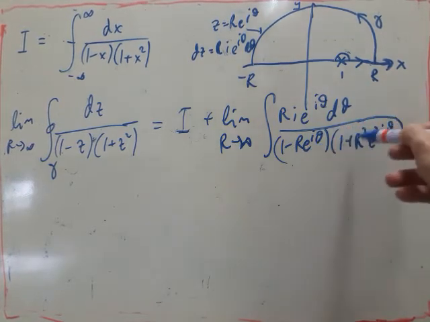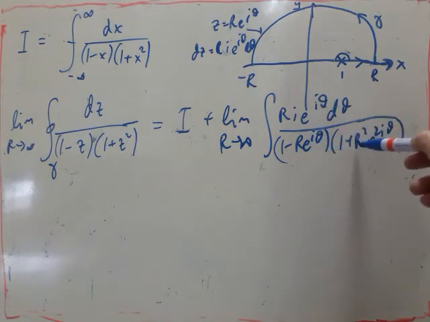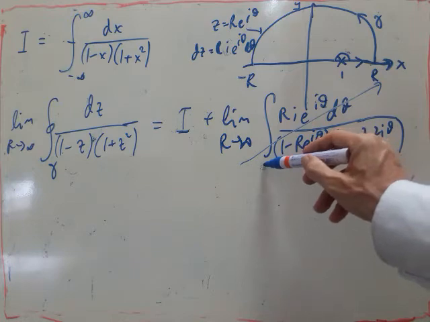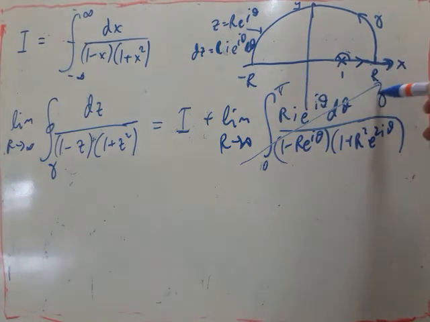So we've got r on the top and r and r squared on the bottom, so it goes off like order r to the minus 2, which therefore tends to 0 as r goes to infinity.